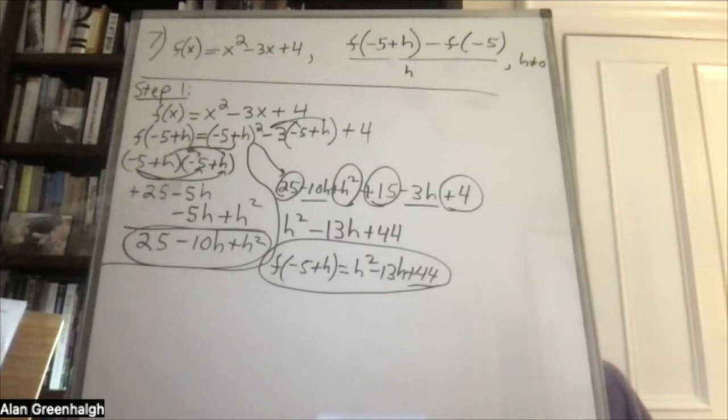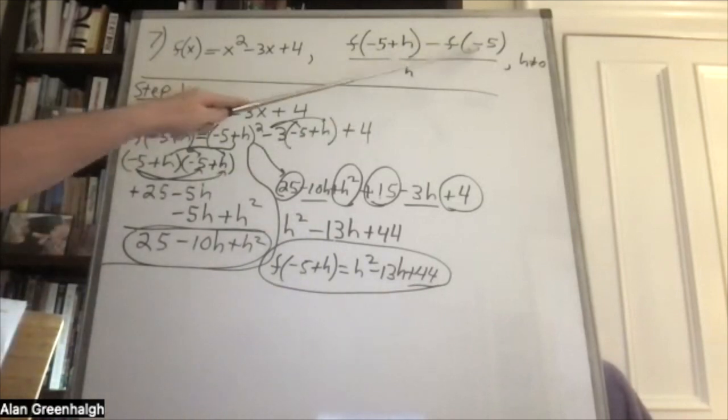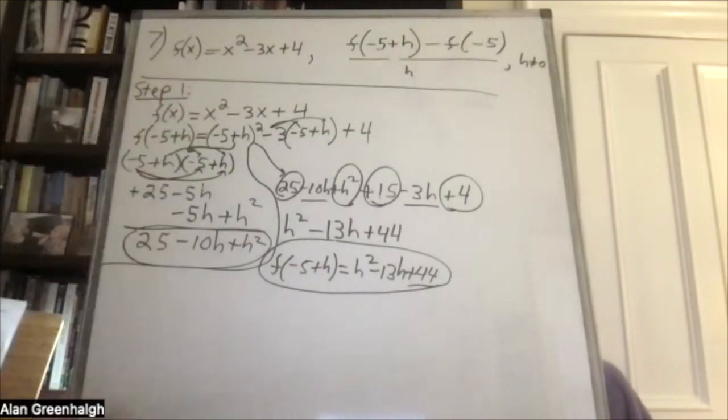And I showed you how I got negative 5 plus h quantity squared to be that. And then that was over here. And then I brought the 4 down. Then I combined like terms, and this is what I got. And that's one of the things. But we have to now find what the other one is. What is f of negative 5?